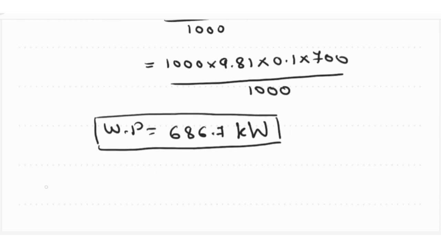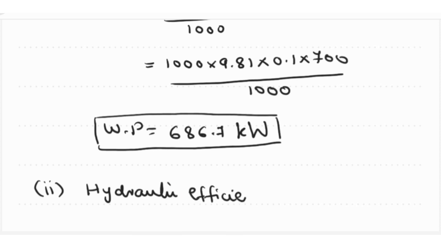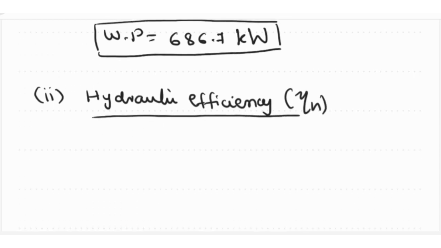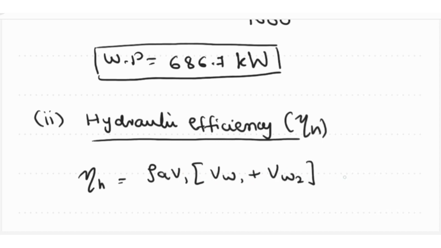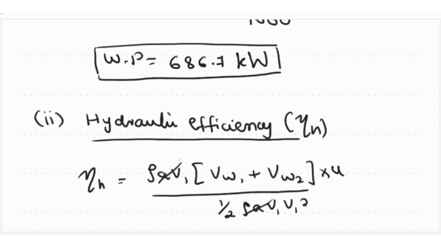So we'll go with the next, that is the second one, hydraulic efficiency, eta h. We know that eta h is equal to force into u, so rho into a into v1 into vw1 plus vw2 into u divided by half into rho into a into v1 into v1 square. So this and this get cancelled here.